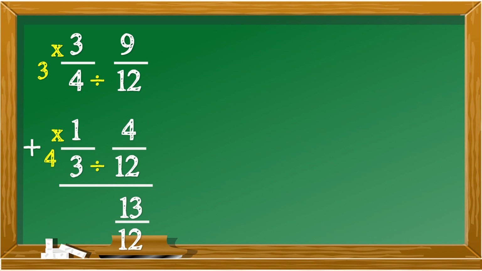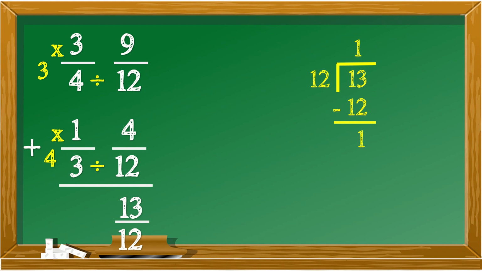To do that, we have to divide 13 by 12. 13 divided by 12 is 1. 1 times 12 is 12. Then subtract. 13 minus 12 is 1.